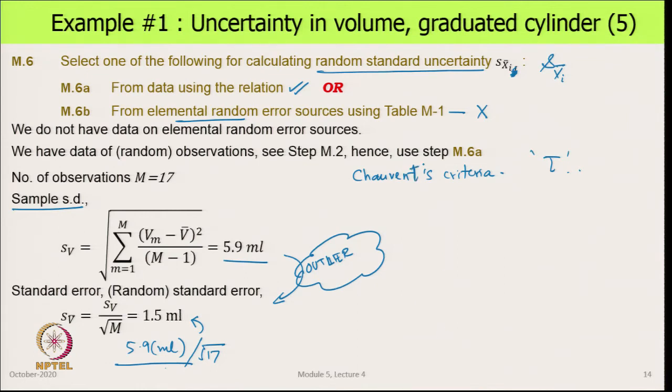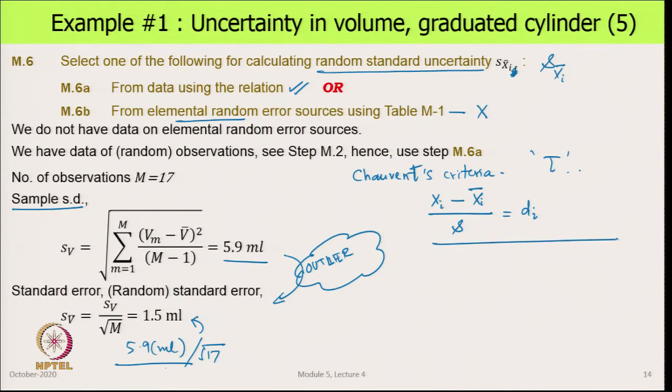We used Chauvenet's criterion, in which we take every reading x I, calculate its deviation from the mean x I bar, and divide it by the sample standard deviation. This gives us the non-dimensional deviation, which we call d I.